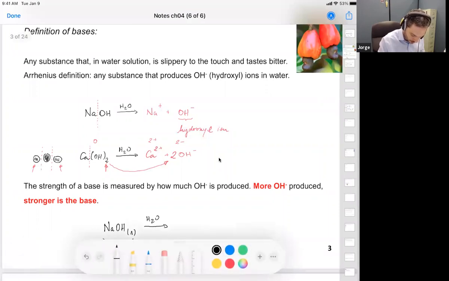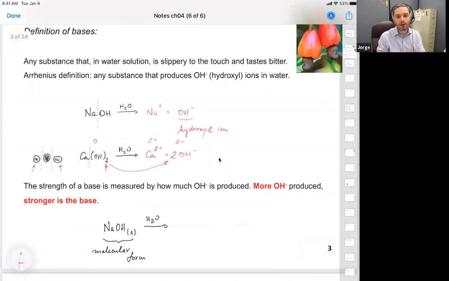according to the Arrhenius definition, water is going to be strong enough to break up the interaction between sodium and hydroxyl ions, and that's going to produce ions that are dissolved in water. Okay, Na plus, now dissolved in water, and hydroxyl dissolved in water. So water is going to break up the interaction between these two ions that's very strong in the solid.